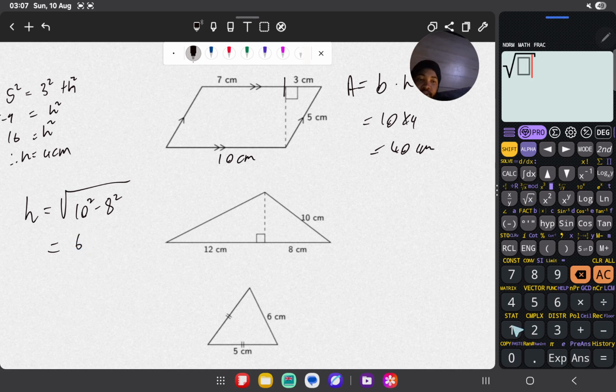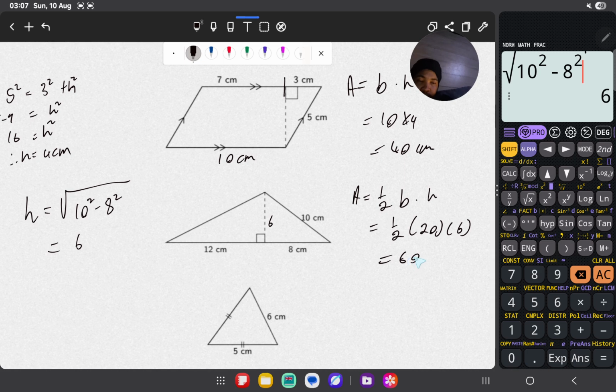Let's confirm. 10 squared, yes, we have that. And then I have 6 here, so I can then say area is half base times perpendicular height. That is half, my base is 12 plus 8, which is 20, multiplied by 6, and that is going to be 60.